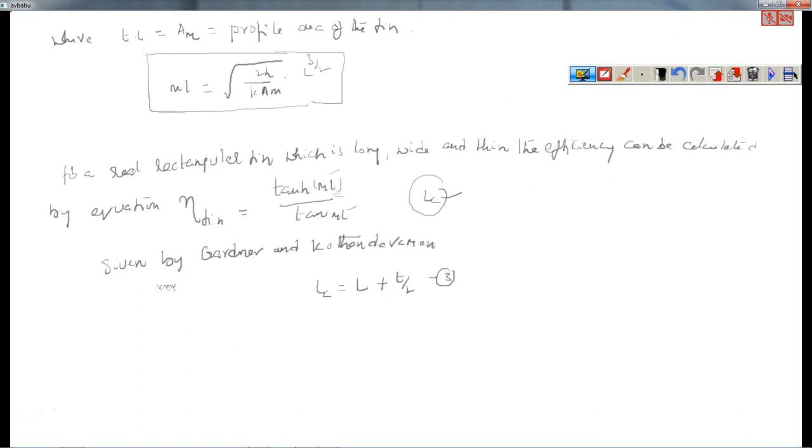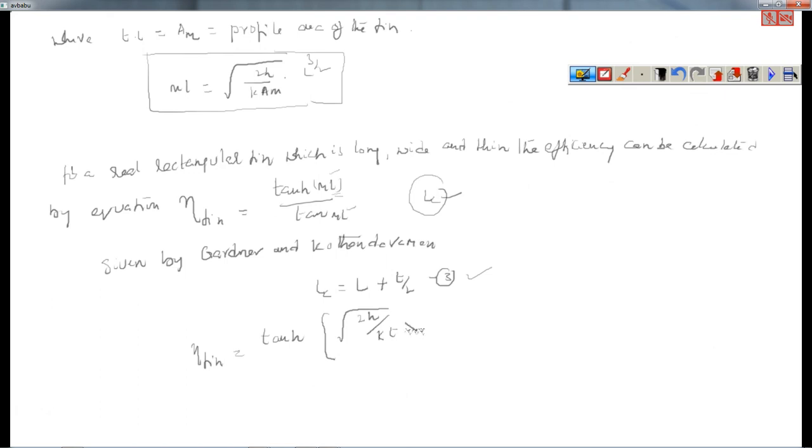Now, when you consider this in the equation, the efficiency of the fin becomes tanh of mL divided by mL, where m is the square root of hP by kA, therefore m is the square root of 2h by kt.